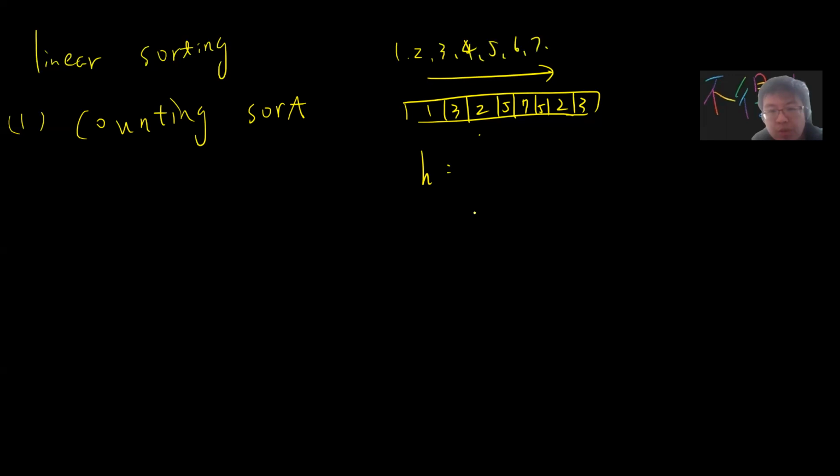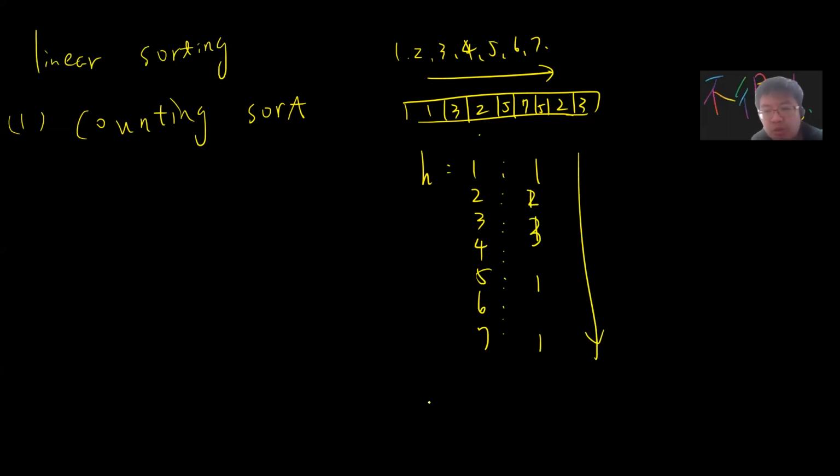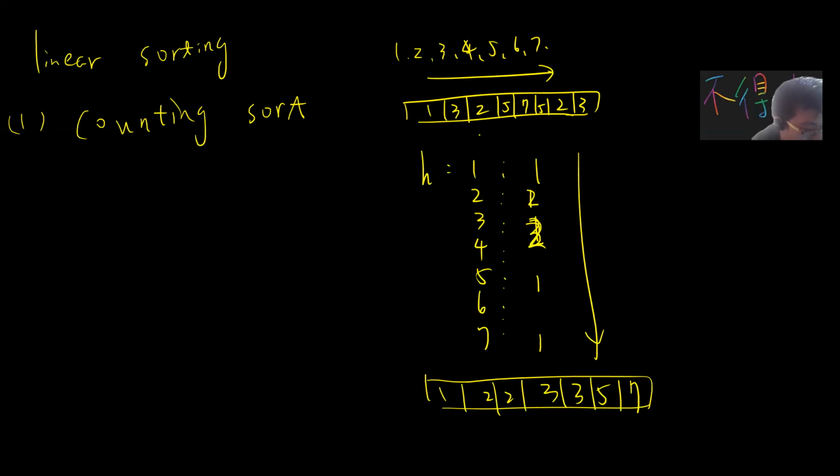So you see 1 has 1, 3 has 1, 2 has 1, 5 has 1, 7 has 1, 2 has 1, 3 has 1. Then you just output the results: 1, 2, 2, 3, 3, 5, 5, 7. So this is just counting sort.